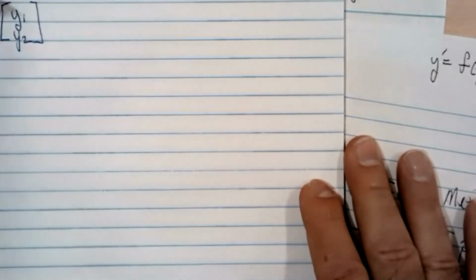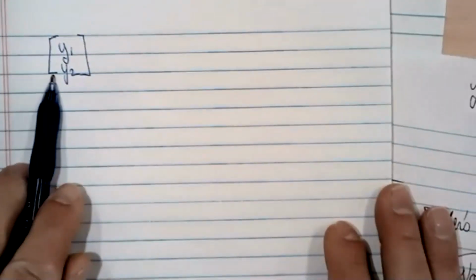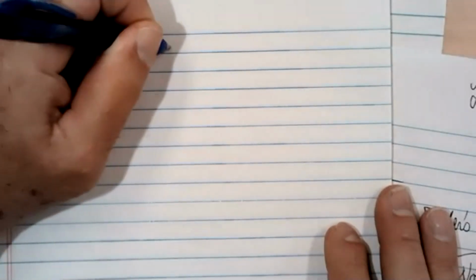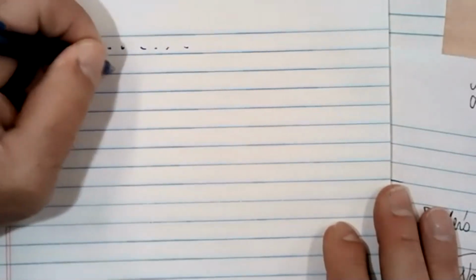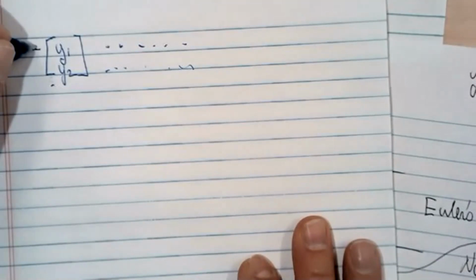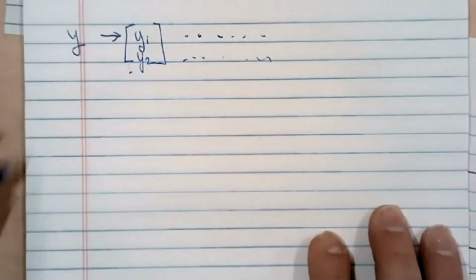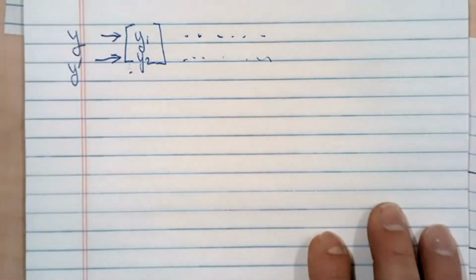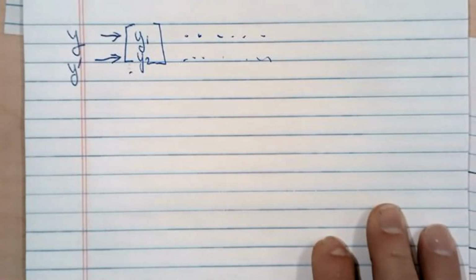And our differential equation has to do with the derivative of this thing. So you end up with a sequence of values for y1, and you have a sequence of values for y2. The y1 reflects the original y of your equation. The y2 reflects the derivative of the original y from your equation.